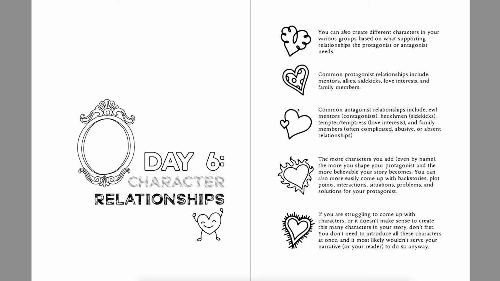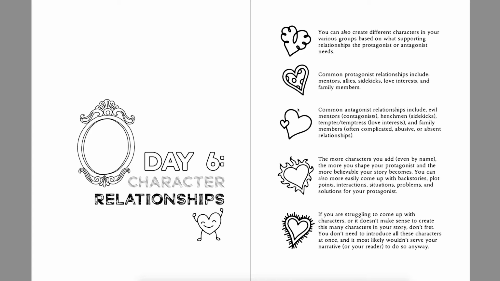So, basically we're going to take some of the characters that we've created over the last couple days, and we're going to really start to define their relationship to either the protagonist or the antagonist. Not every character is going to fit into that, of course. We're really just trying to find the characters that fit the roles best.